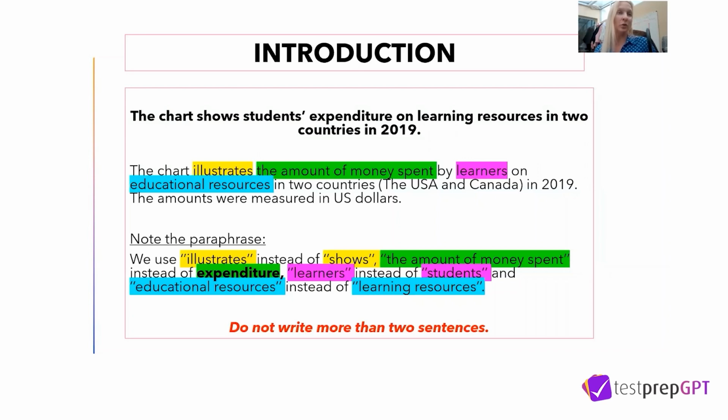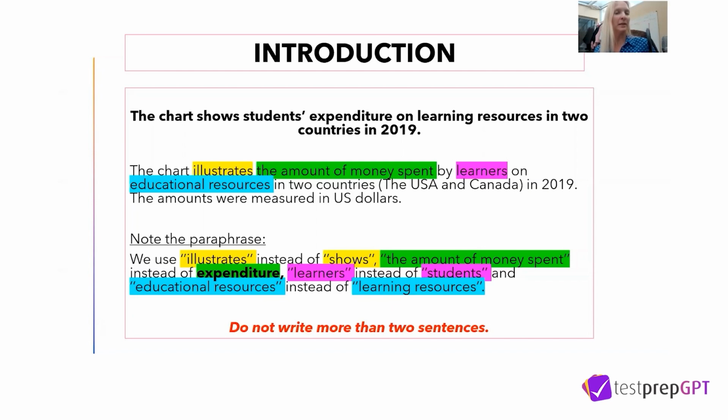What we're going to do is basically paraphrase the opening statement, and that will be your introduction. So I've written: the chart illustrates the amount of money spent by learners on educational resources in 2 countries, the USA and Canada, in 2019.